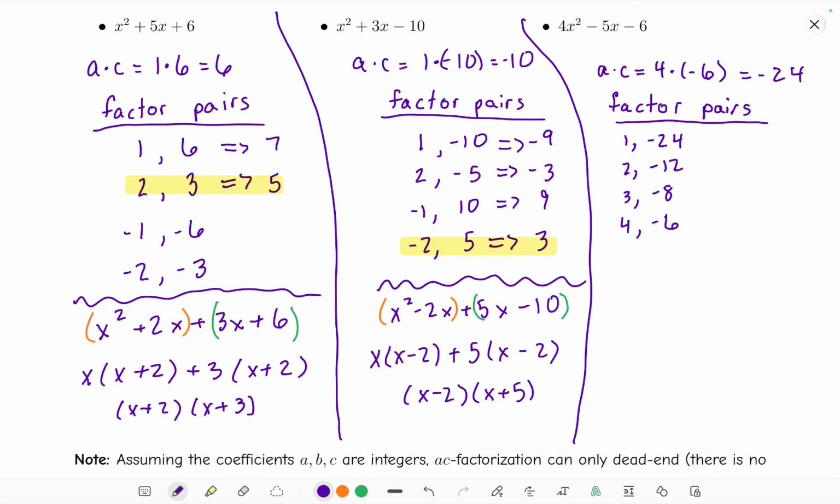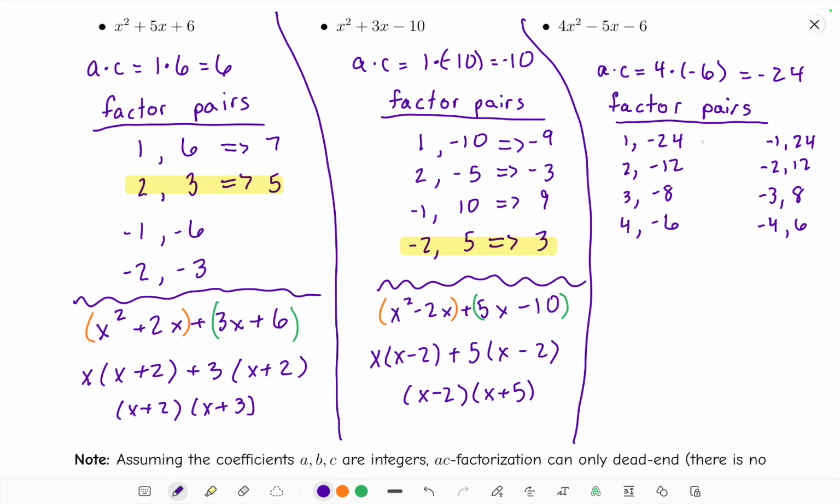But then you also have, I'm not going to have room to write them all out. Well, I'll write them over here. Negative 1 and 24, negative 2 and 12, negative 3 and 8, negative 4 and 6.